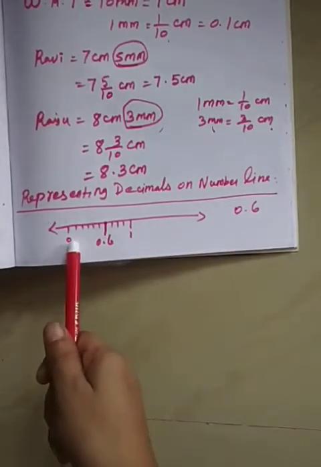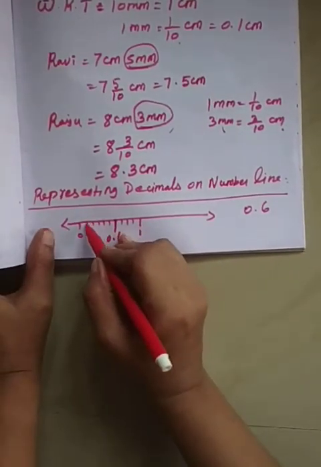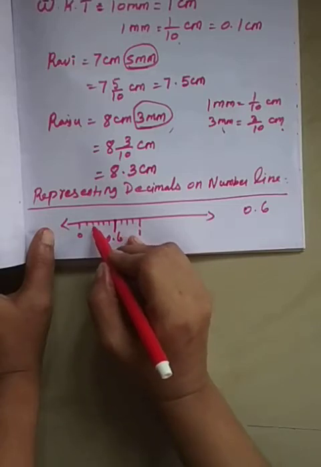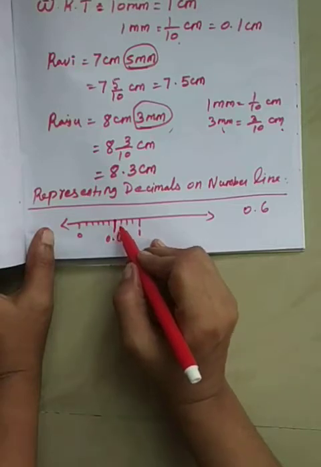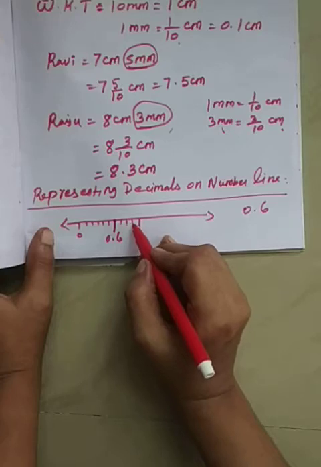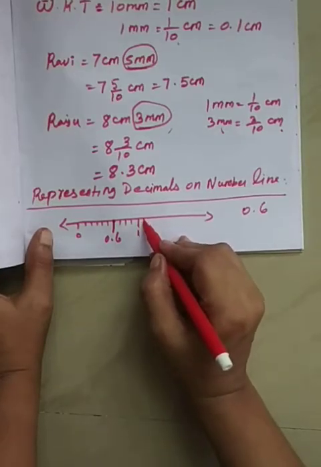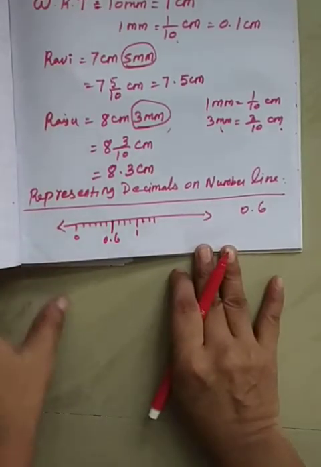So 0 to 1: 0.1, 0.2, 0.3, 0.4, 0.5, 0.6, 0.7, 0.8, 0.9 and then 1. After that you draw 1.1, 1.2, 1.3 like that. Everybody clear?